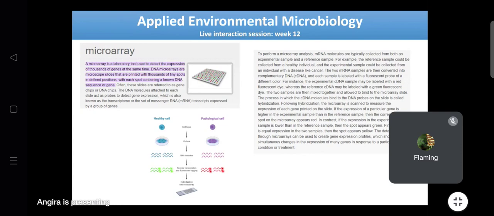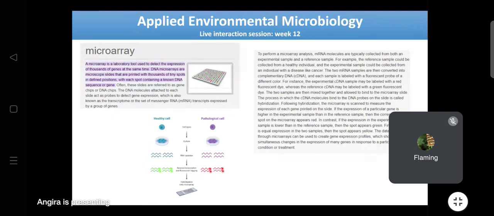Now, if the expression of a particular gene is higher in the experimental sample than the reference sample, then the corresponding spot in the microarray appears red. In contrast, if the expression in the experimental sample is lower than the reference sample, then the spot of the microarray slide will appear green.